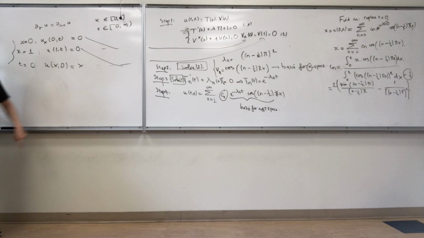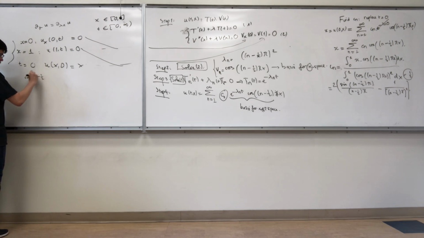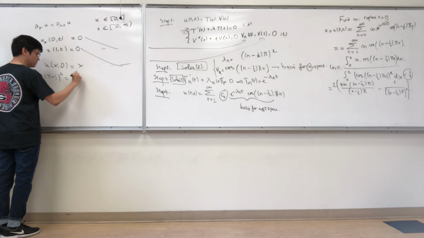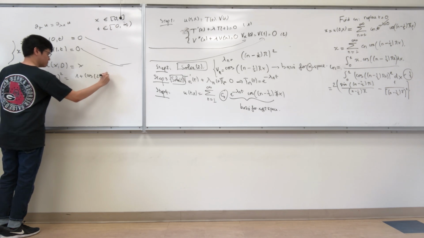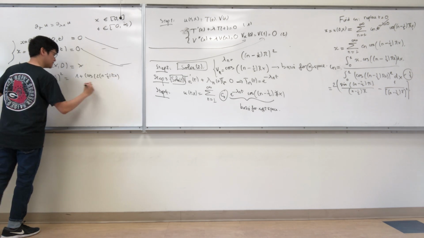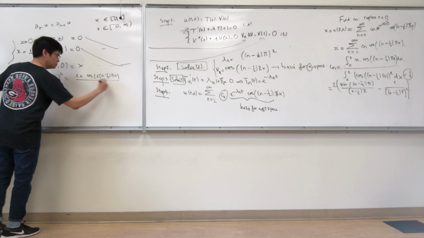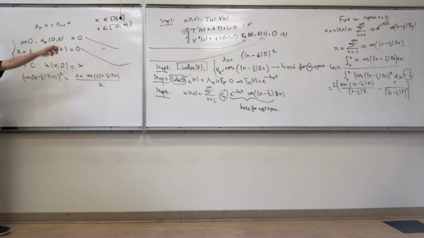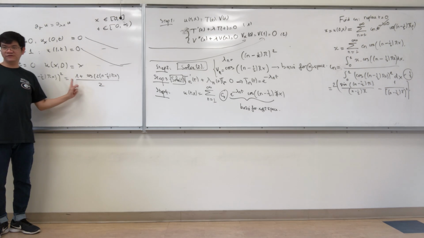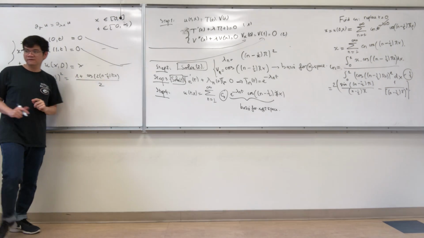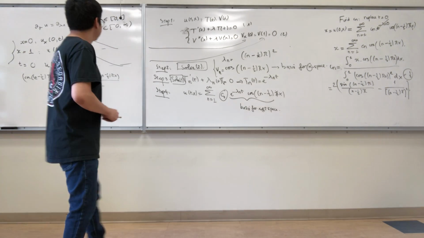To compute that, it is simple: cosine of (n minus 1/2) pi x squared will be 1 plus cosine of 2 times (n minus 1/2) pi x, over 2. You replace this into the integral. This one is going to be 0, so the result is 1/2. Right? So I explain again.